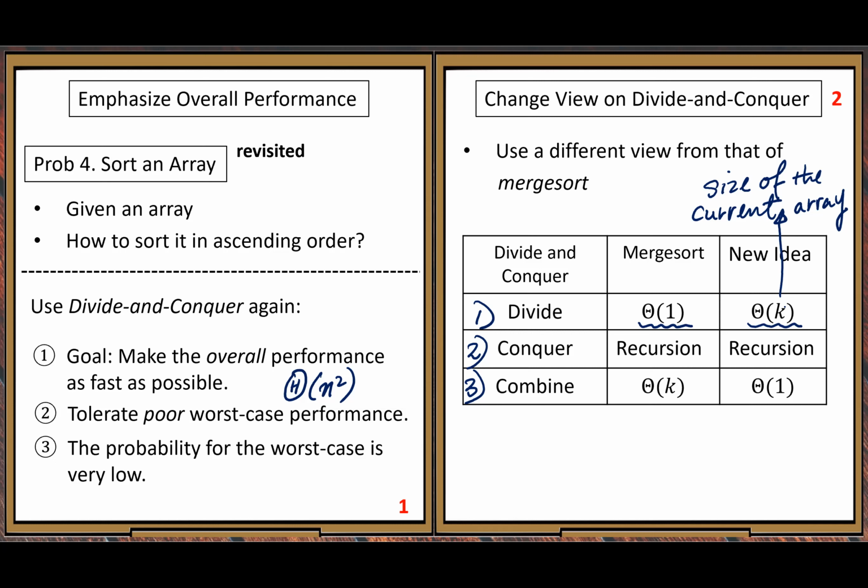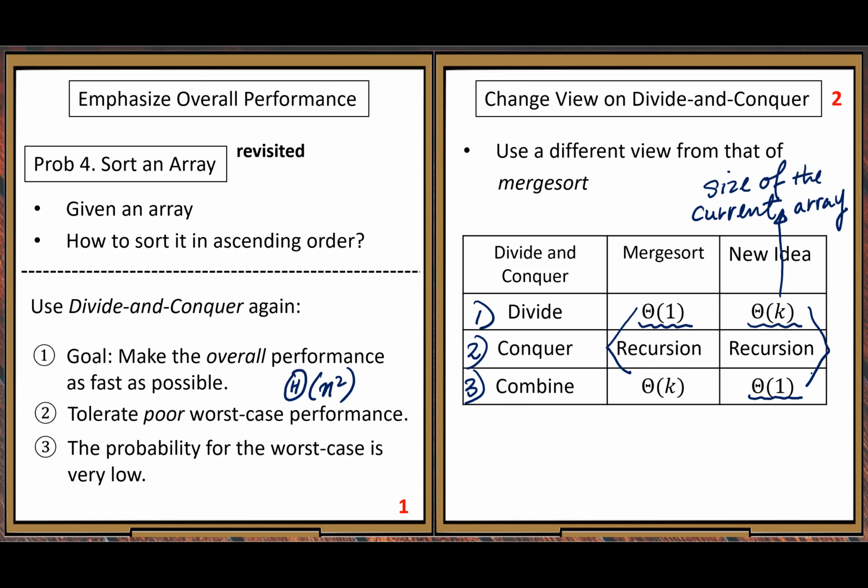And then the combine step, we want to make the combine step as easy as possible. Big theta of 1, almost do nothing. Big theta of 1 means the minimum operations we want to do in this step. Because here you can see these two steps pretty much trade off.